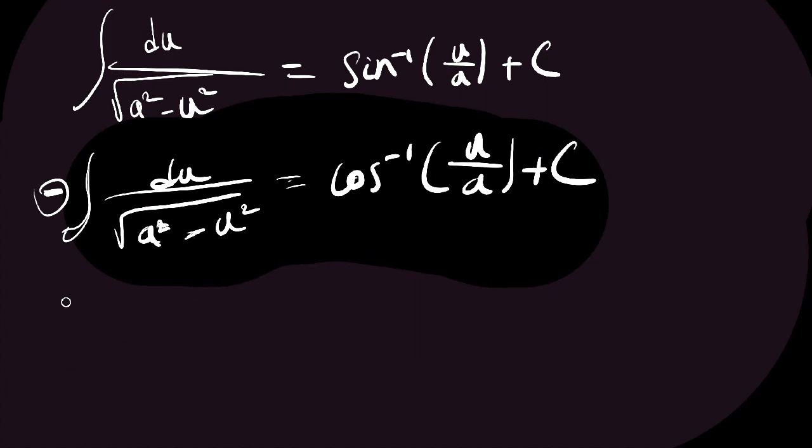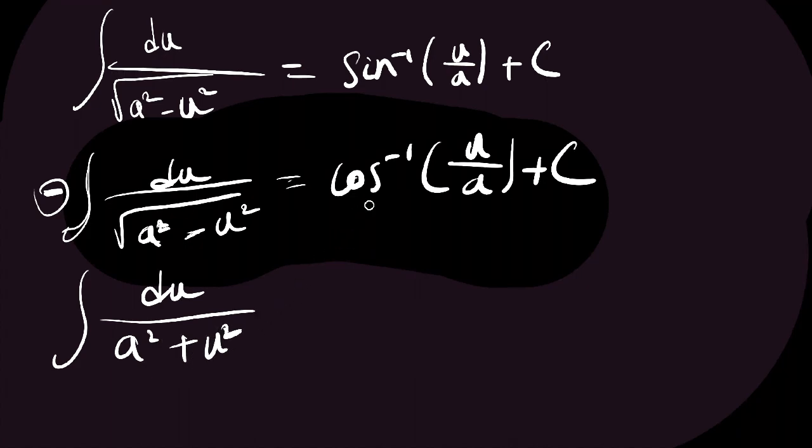Alright, let's go on to tangent. Tangent is just the same thing, except remember when we observed that in the derivative of arctangent we don't have a square root in the bottom? Well, we don't have a square root here either.